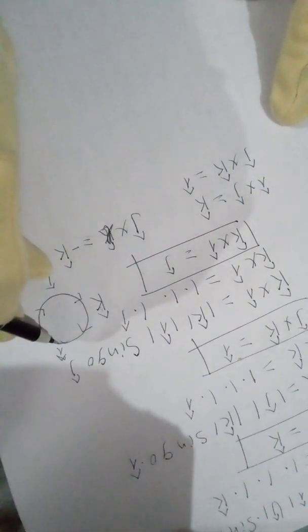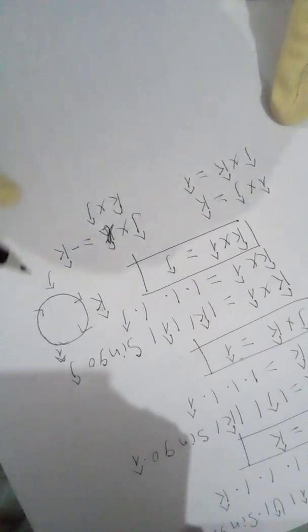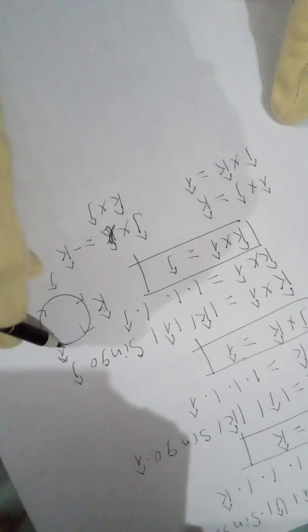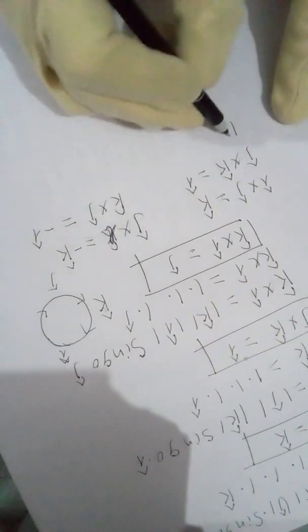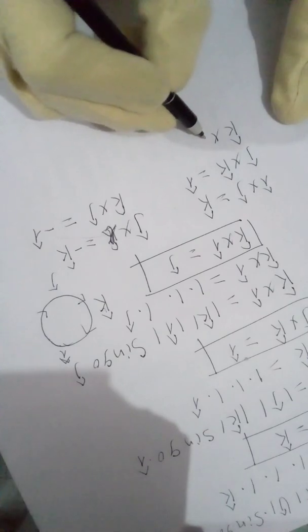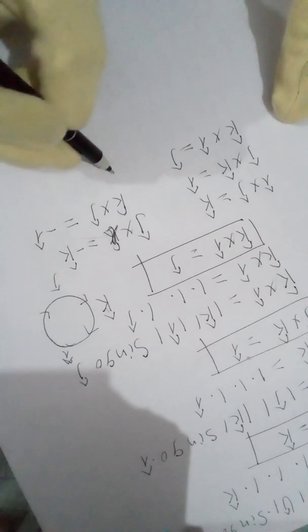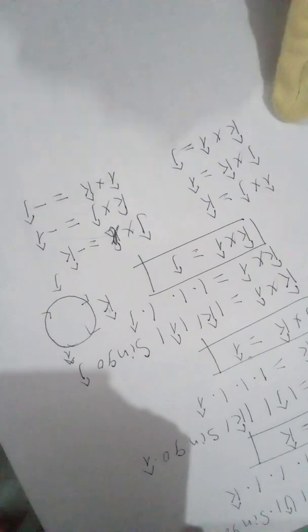But k cross j is anti-clockwise, so this becomes minus i. k cross i is clockwise, so it becomes j. And i cross k is anti-clockwise, so it becomes minus j.